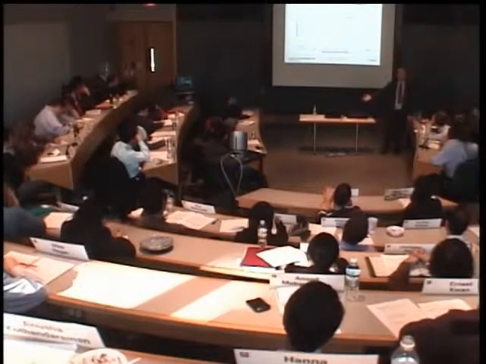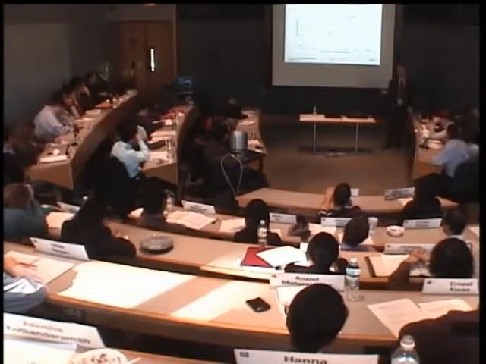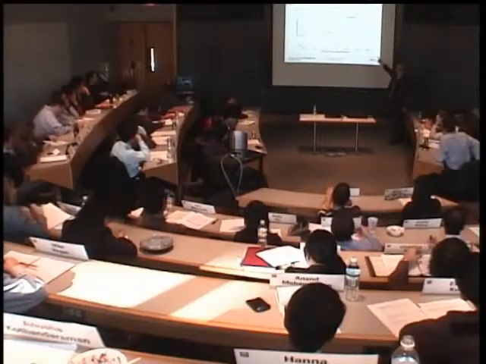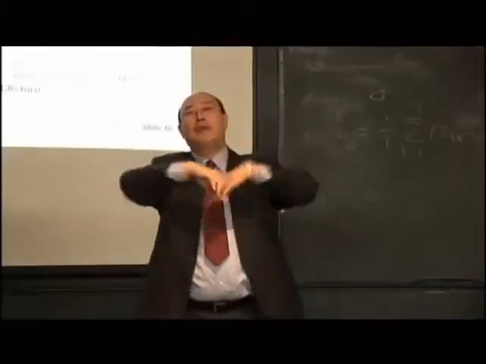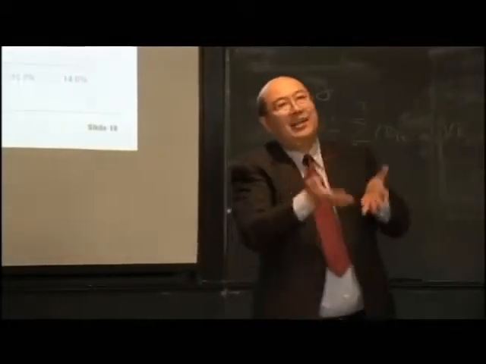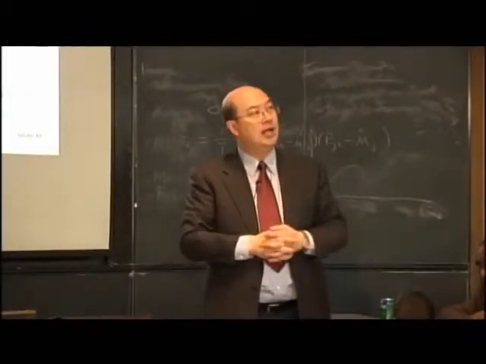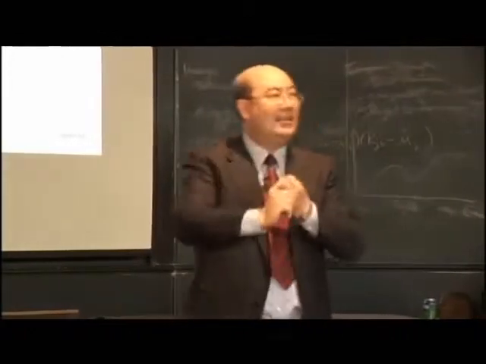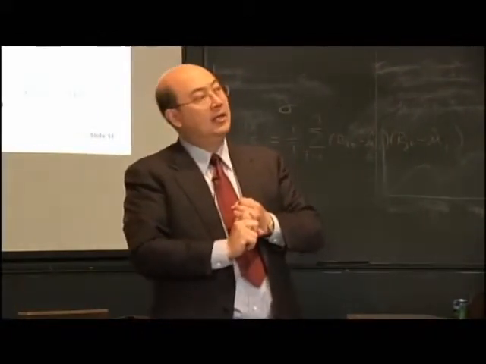There's no downside, at least from the perspective of mean and standard deviation. There may be other reasons you don't like that dot, but if all you care about is mean and standard deviation, that dot is strictly preferred. So I've just made all of you better off with this piece of knowledge, just by telling you how to weight these two stocks and the fact that they've got some kind of correlation. I've given you a mechanism of reducing your risk and increasing your expected rate of return, both. Okay?